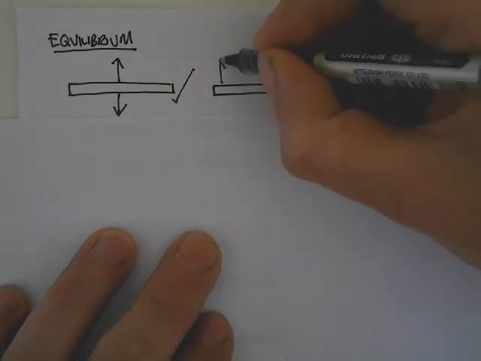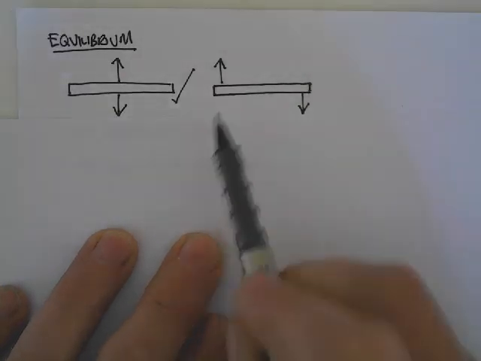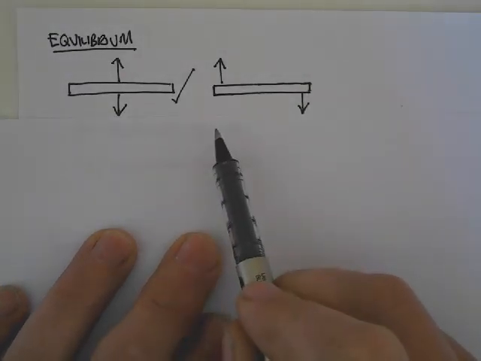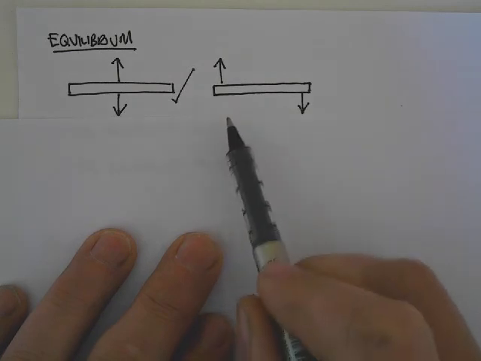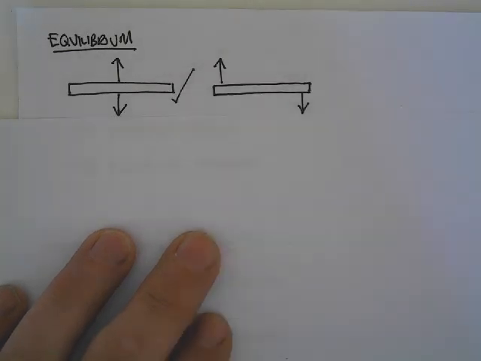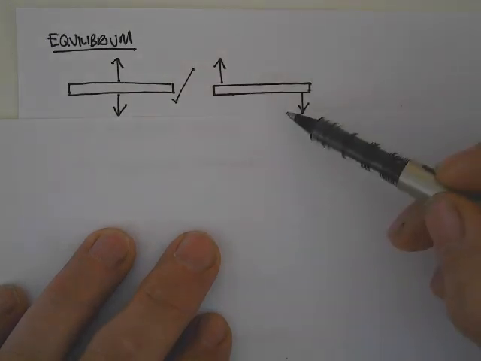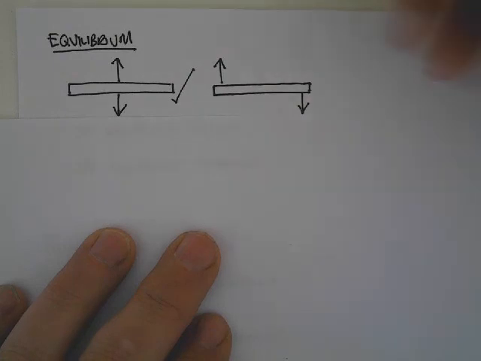The force upwards equals the force downwards, they cancel out, there's no net force, or sometimes we would say there is no resultant force on that rod. So this is in equilibrium. Now if I use the same two forces on this second rod, but I place one over here and one over here, we still meet the condition that there is no resultant force. The force upwards cancels out with the force downwards, zero resultant force. But this clearly is not in equilibrium.